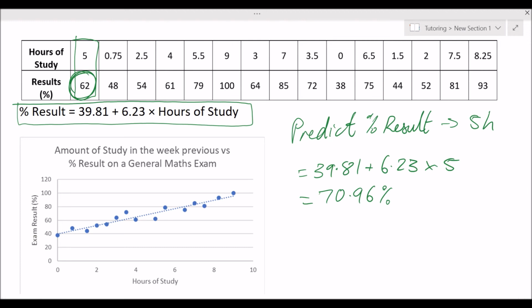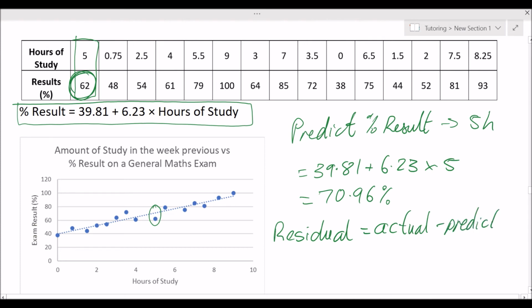So you can see those two things aren't quite the same. Okay, and if you look on our graph, here's that dot point there, and you can see it is not perfectly aligned with our least squares equation, and that's why there's a difference. So let's calculate that residual. Our actual value was 62%, and our predicted was 70.96.